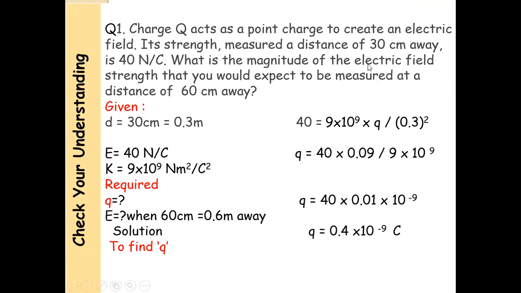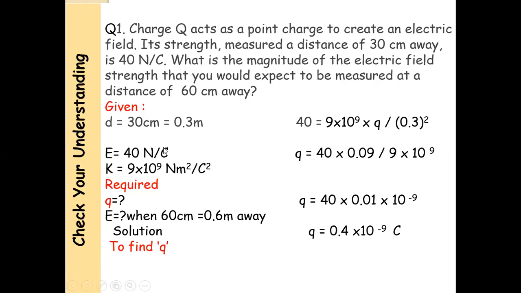What is the magnitude of electric field strength you would expect to be measured at a distance of 60 centimeter away? So you need to find the magnitude of the electric field strength at a distance of 60 centimeters.